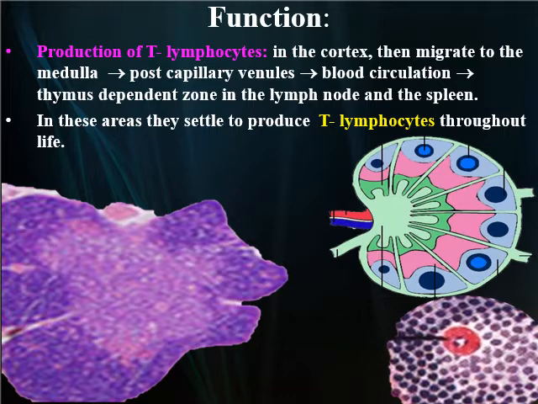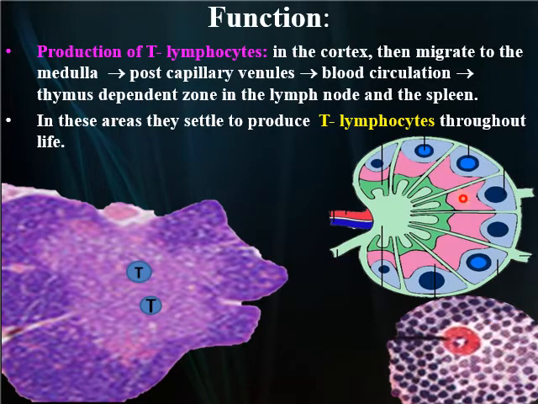What is the function of the thymus gland? It is the formation of T lymphocytes. The T lymphocytes will be formed in the cortex, will migrate into the medulla, then pass from the medulla to the blood circulation, then to the thymus dependent zone, which we took in the lymph node and the spleen.